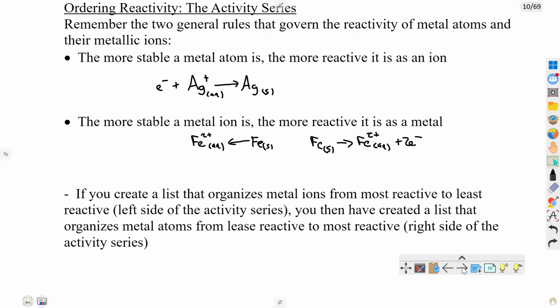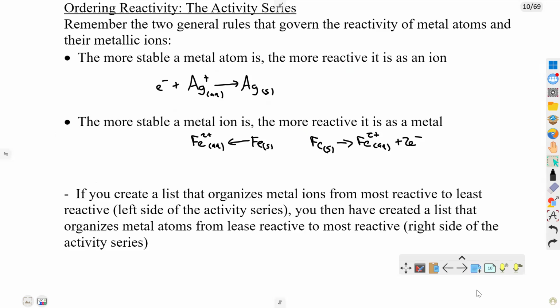Silver is a very stable atom, so silver ions react very easily. The iron 2 ion, specifically, is a very stable ion, which means iron, the metal, reacts very easily to make the iron 2 ion.